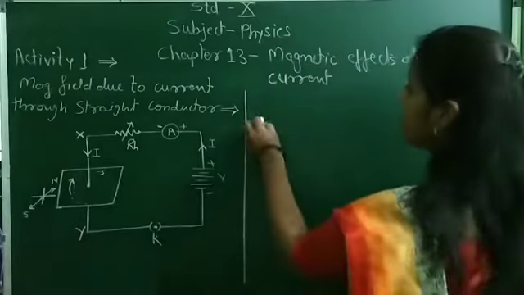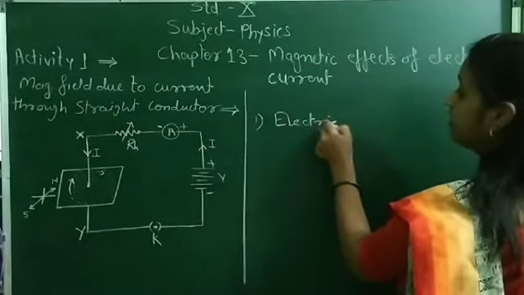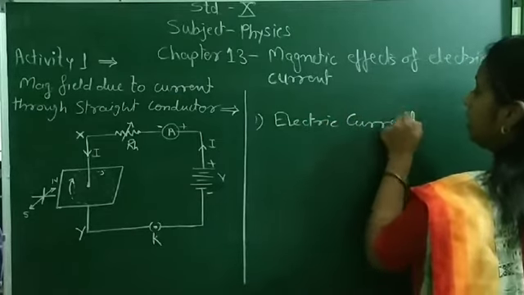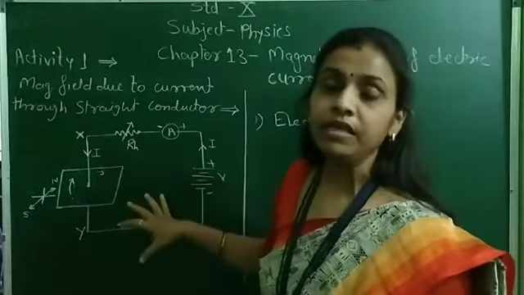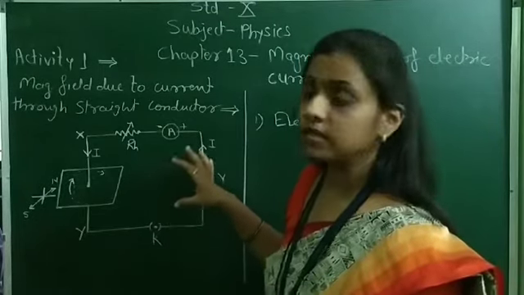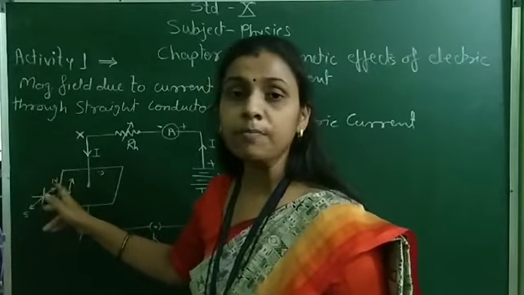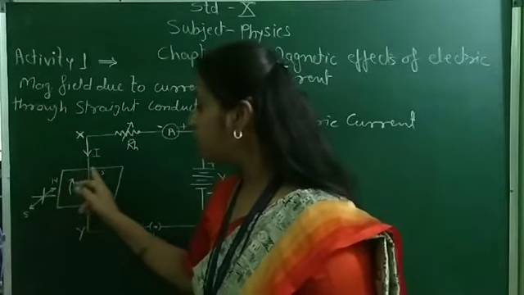So the first factor is the electric current. Now, by keeping the current constant, for example at 5 ampere, we move the compass needle away from this concentric circle.